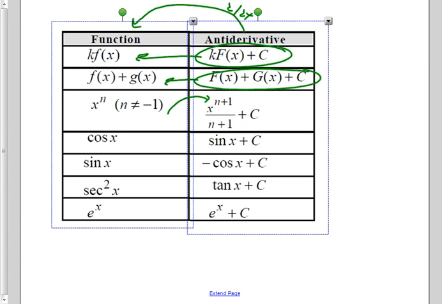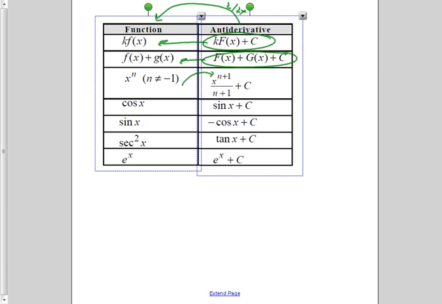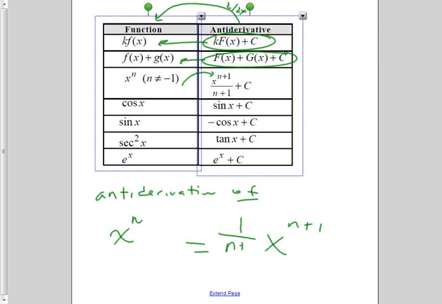So the one that I want to really pay particular attention to is that the antiderivative of some function to the nth power, x to the n, is x to the n plus 1, because now we're adding a power to take the antiderivative, and then 1 over n plus 1.